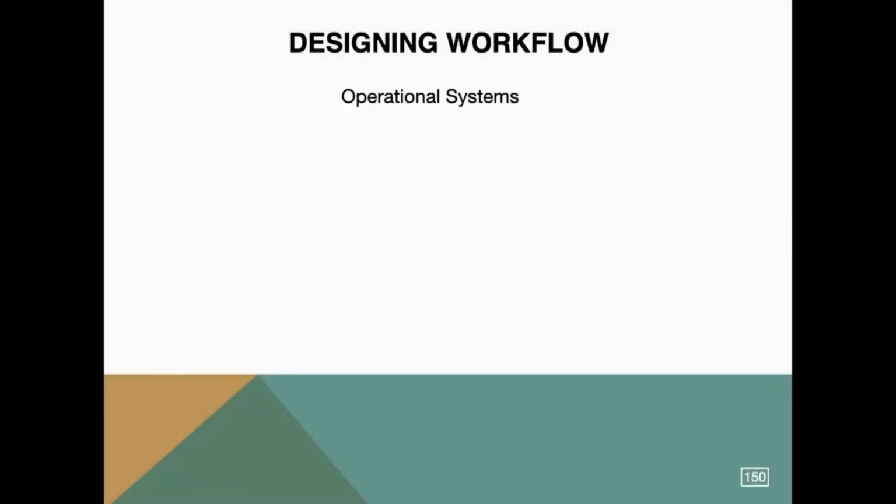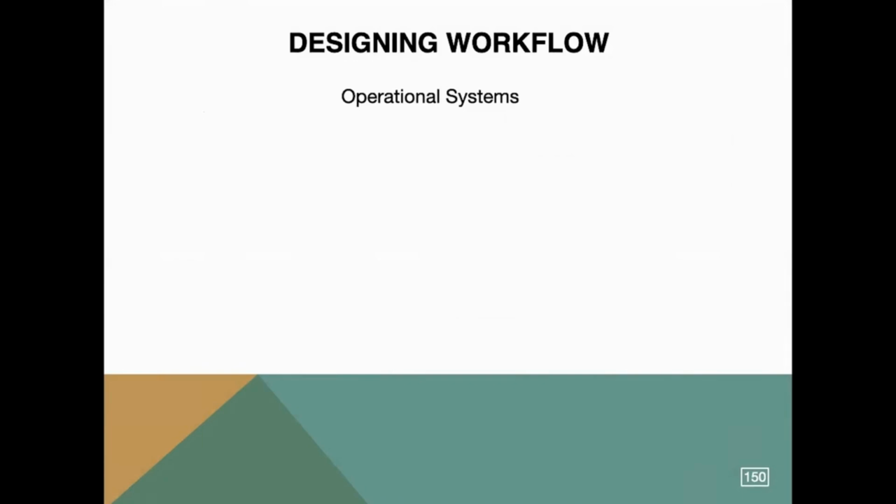Okay, so we've established different business models. So designing workflow, we start off, it's a 4-step process as you turn to that next page. The first step is identifying within our company what are the operational systems that lie within our company.